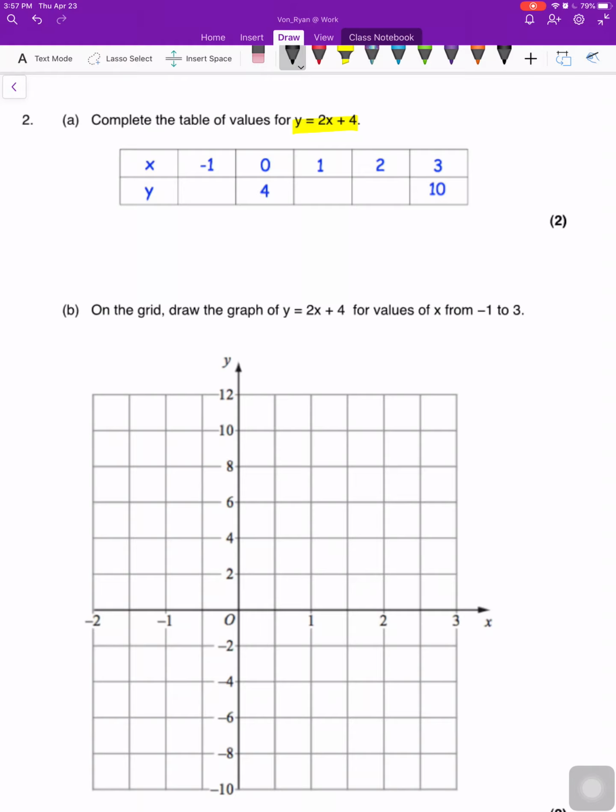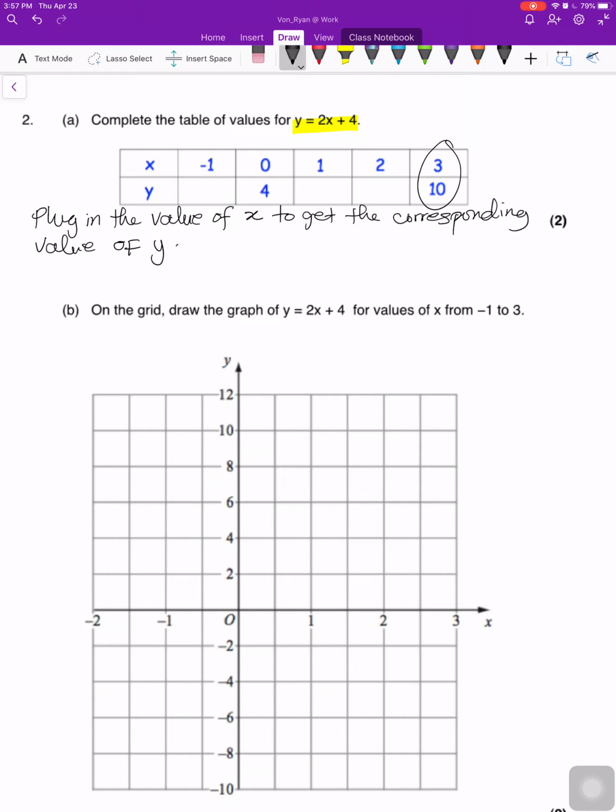So how did they come up with these values? So let's look at this. X equals 3, y equals 10. All you need to do is plug in the value of x to get the corresponding value of y.